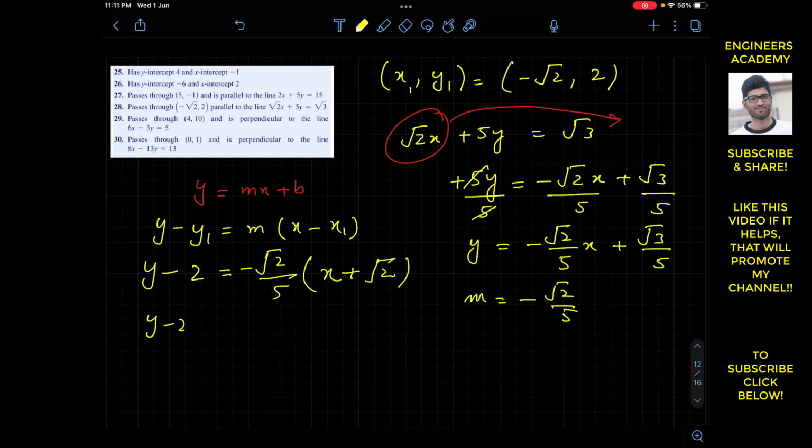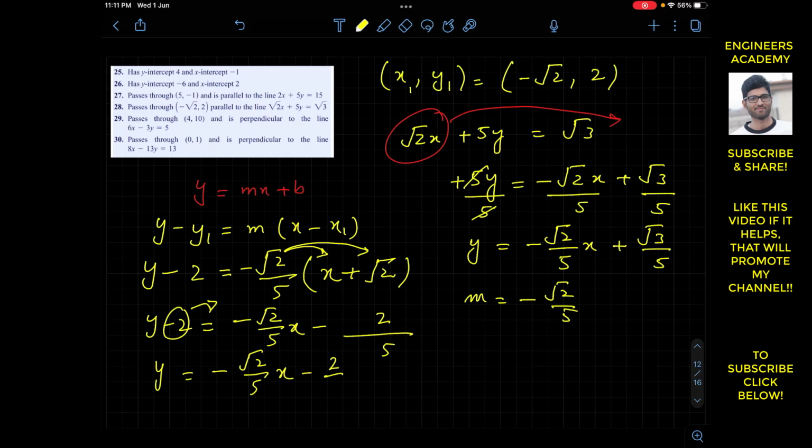So this is y - 2, and if I multiply this inside, we will have -√2/5 x, and this will be minus into plus, minus, and √2 into √2 divided by 5. √2 into √2 gives us 2. So we will have -2/5, and now we need to bring this -2 to the other side of the equation. So we will have -√2/5 x - 2/5 + 2.